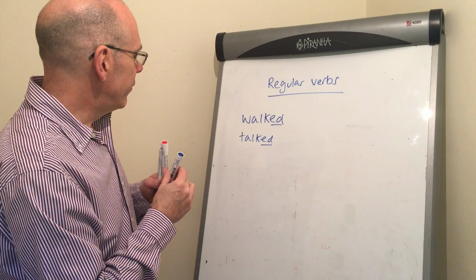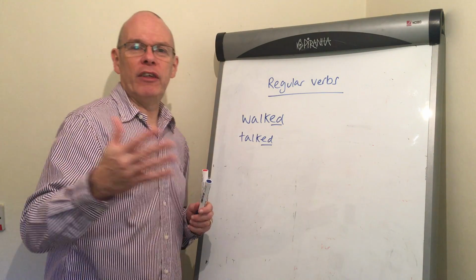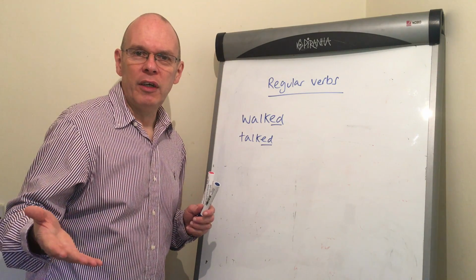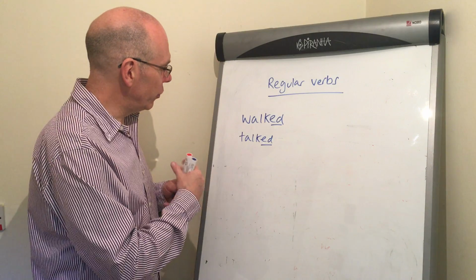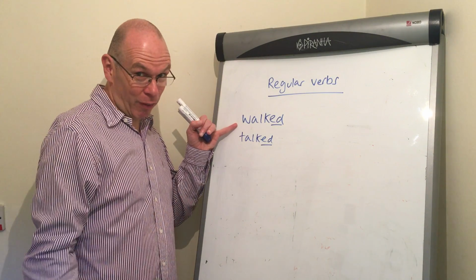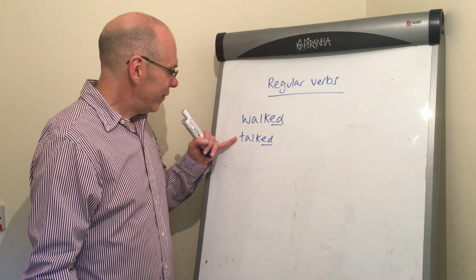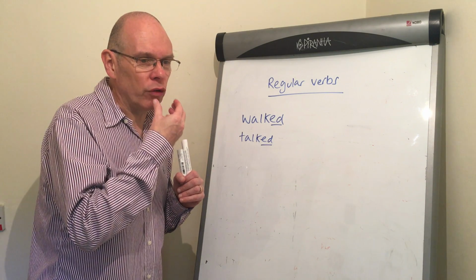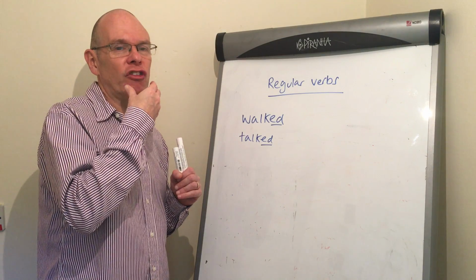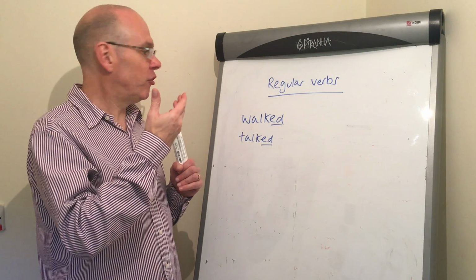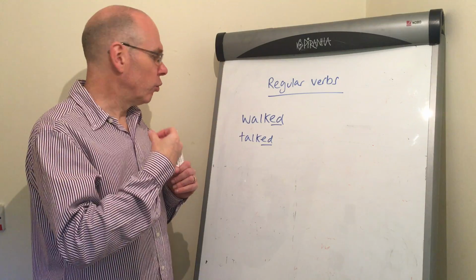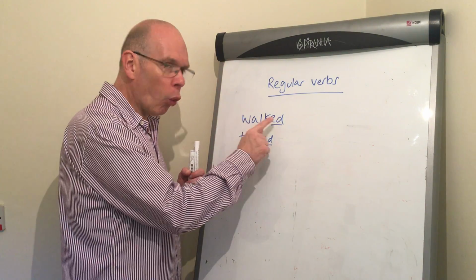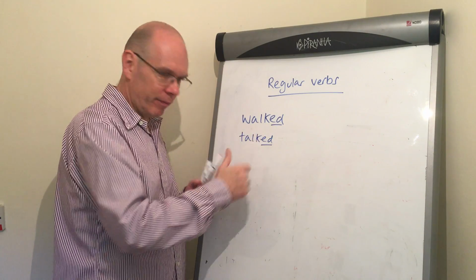Now, English is not the most phonetic of languages, so this can cause some problems for students who can hear that this is one syllable and that this is one syllable, but naturally want to try and stress the end. Maybe say walk-ed or talk-ed. But the correct pronunciation is walked and talked.